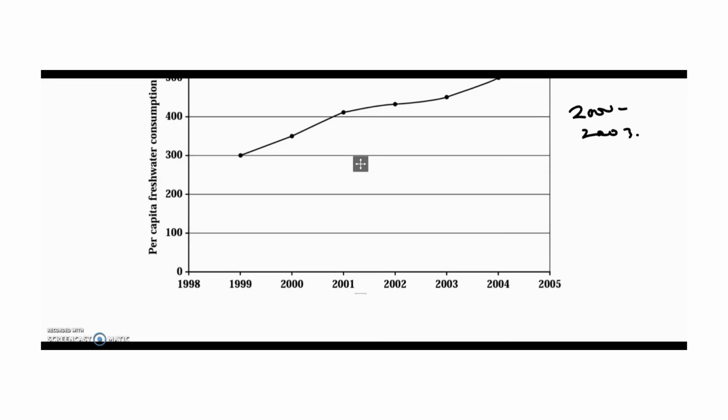2003. Now students, for the year 2003, that would actually be somewhere across here. It is roughly 450. So 450 minus the year 2000, it was estimated to be approximately 350.